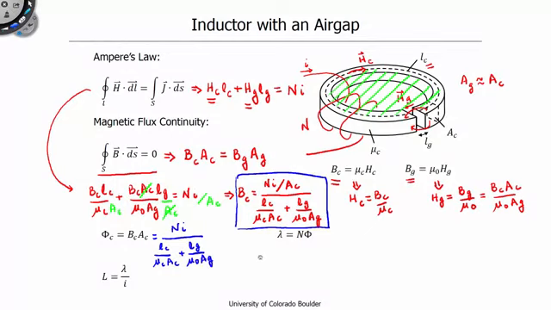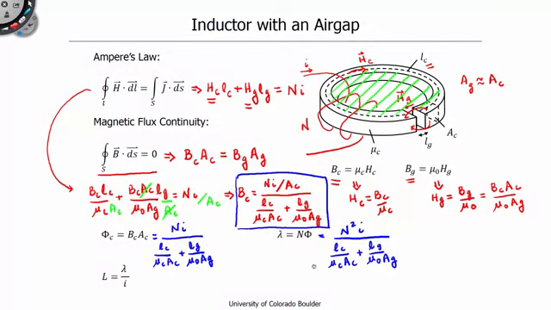And we can then find the flux linkage by multiplying the total flux by N, and that gives us N squared I over the same denominator, LC over mu C AC plus LG over mu naught AG.